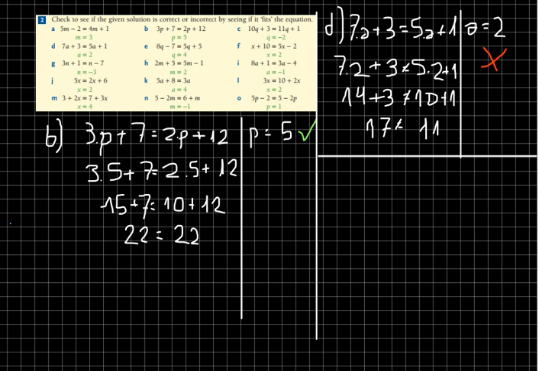This time I want to work with exercise E. In exercise E, we have 8q minus 7 equals 5q plus 5.